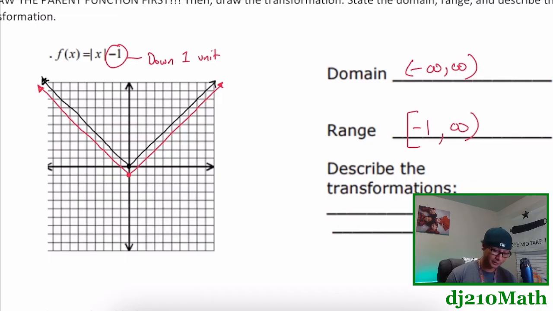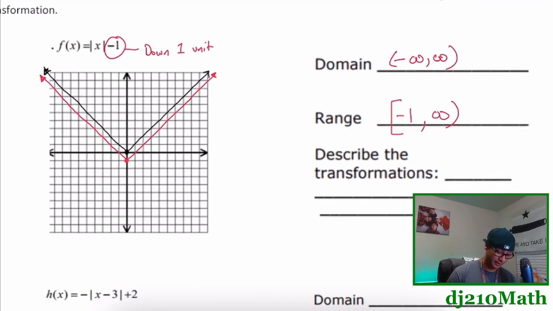Describe the transformation. It went down 1 unit. Shifted, I guess you could say.